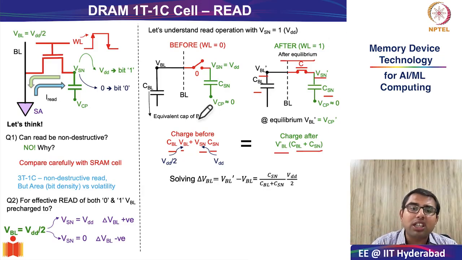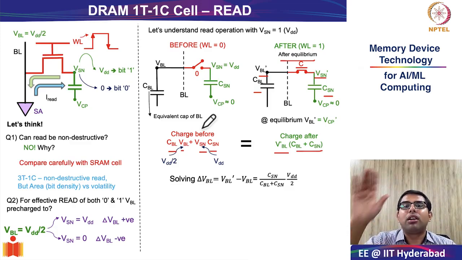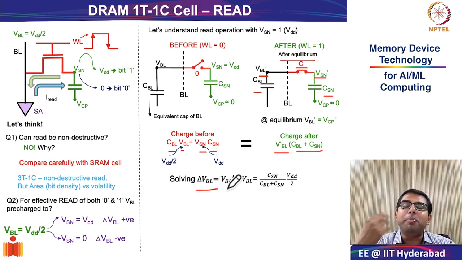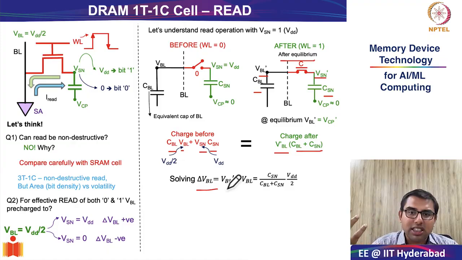I am going to equate the charge before I switched on the word line with the charge after a long time after I have switched on the word line. If I solve this entire equation to find delta VBL, what is delta VBL? It is VBL dash minus VBL, that is, after the access transistor has been turned on and the read operation, minus before the read operation.